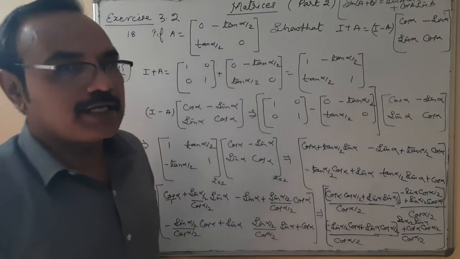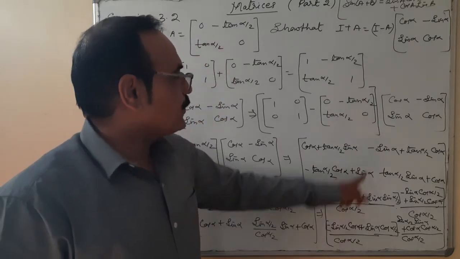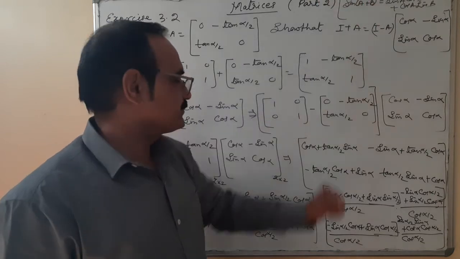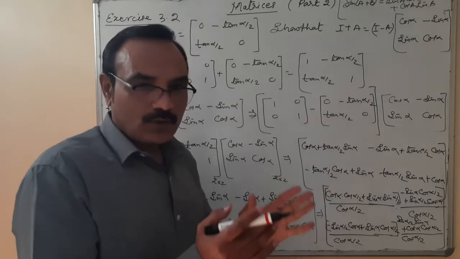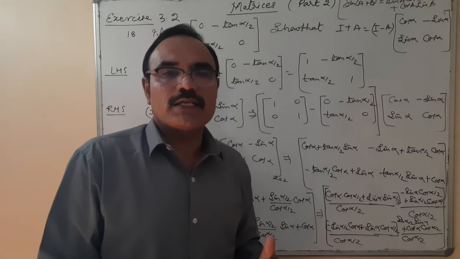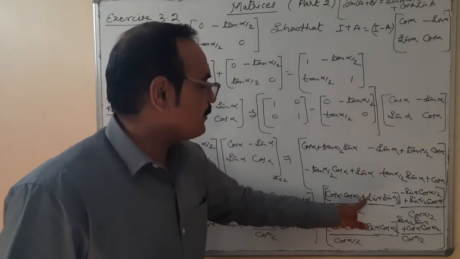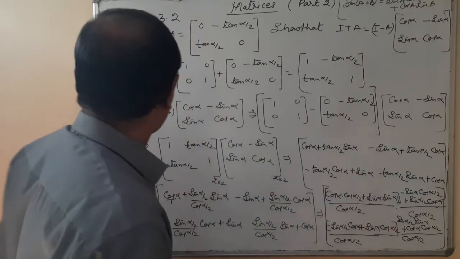So we are using these identities here. One is sin A plus B and second is cos A plus B. Here we are using cos A plus B. What is cos A plus B? Cos A cos B minus sin A sin B. And cos A minus B is cos A cos B plus sin A sin B.